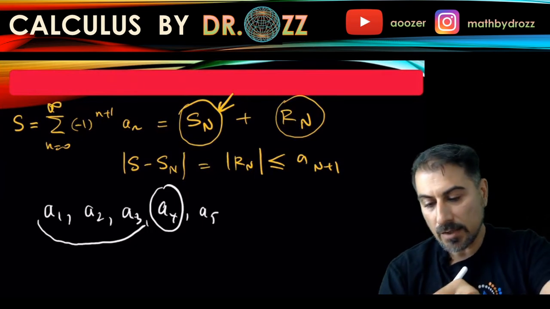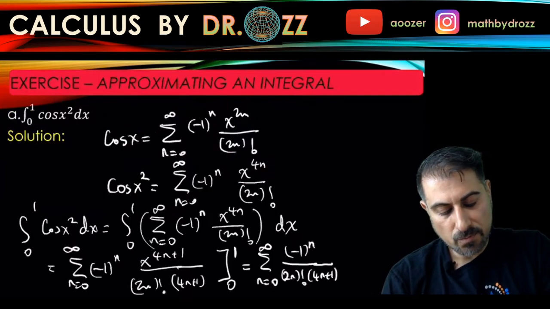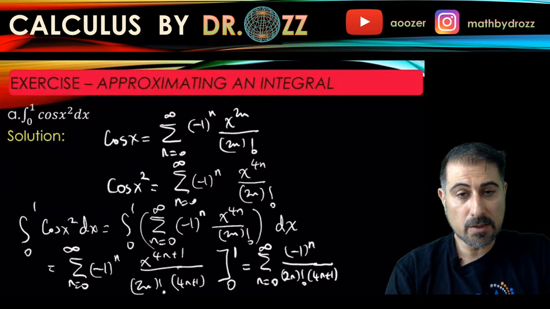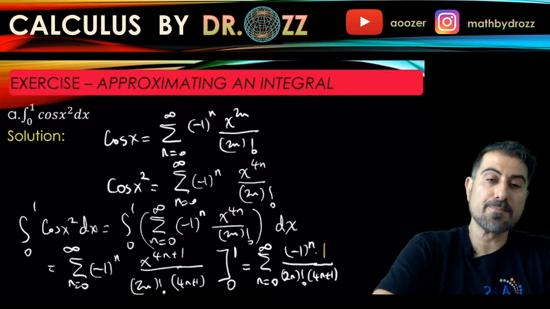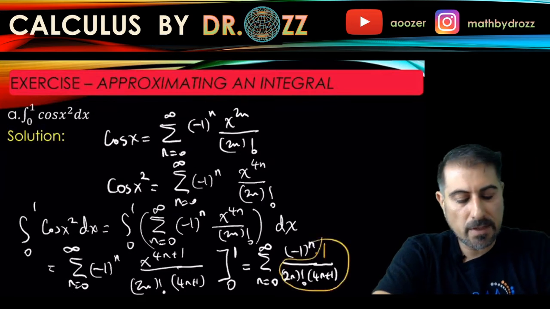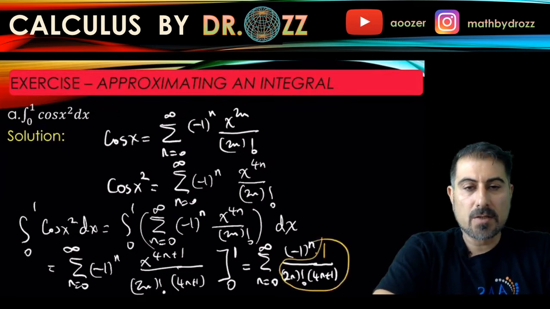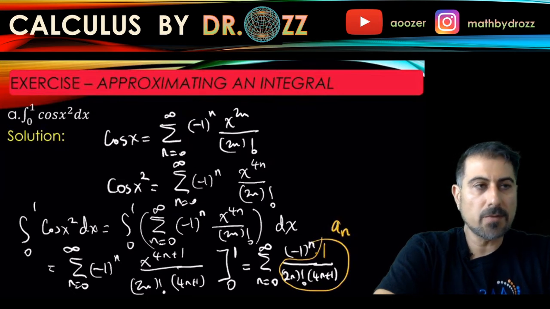And what is a_n, by the way? a_n is in fact this term, so if there's a hypothetical 1 here at the top, it's 1 over the bottom. All right, 1 over the bottom is your a_n. Go ahead and use your calculator to check a1, a2, a3, and a4.